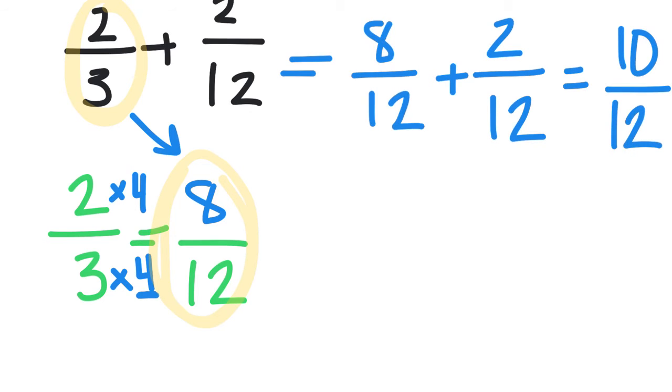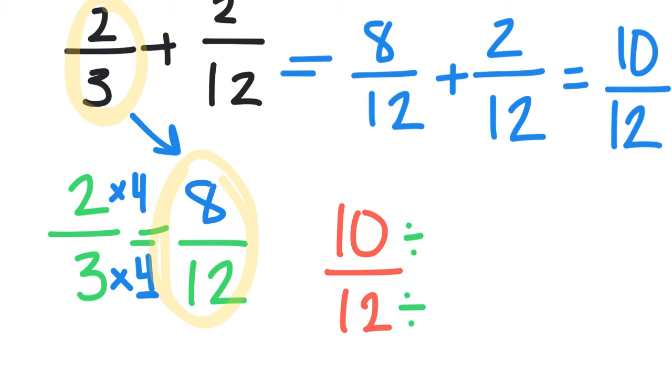10/12. My very last step, as always, is to simplify. I have 10/12 as my answer. I need to ask myself, is there a number that both 10 and 12 can be divided by? Yes.